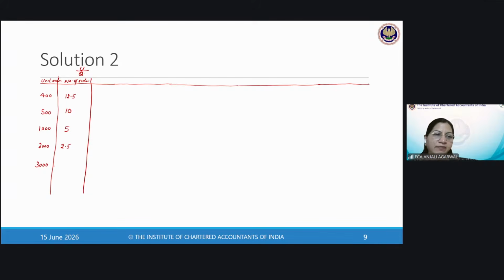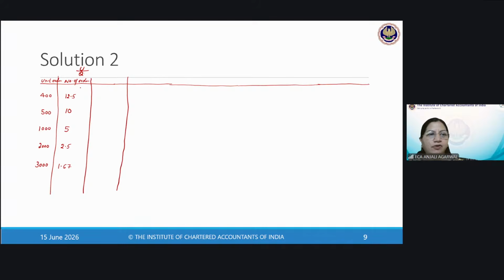And 5000 divided by 3000, 1.6666, but I'll round it off to 1.67. So you see, if you're doing this question, all your orders are generally in fractions. So for theoretical purpose, you can continue with this. Otherwise, your final answer of EOQ will get distorted.